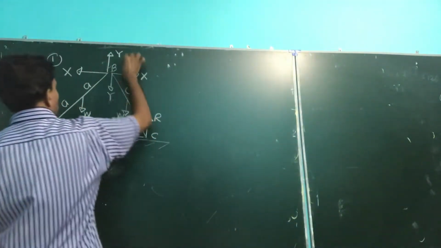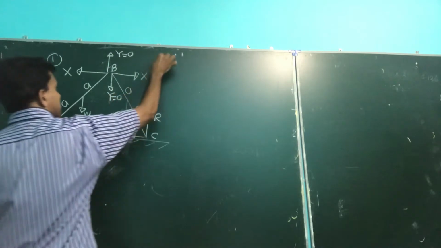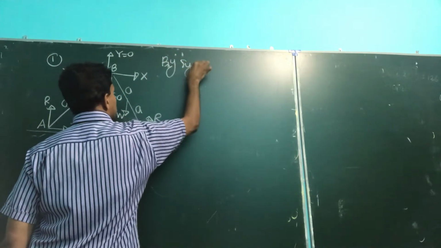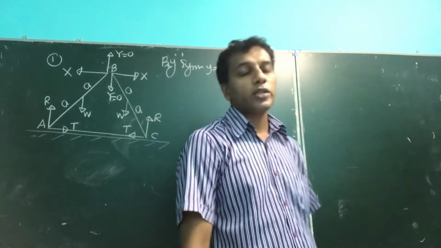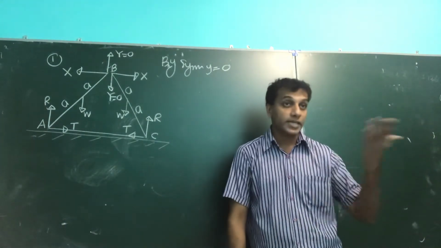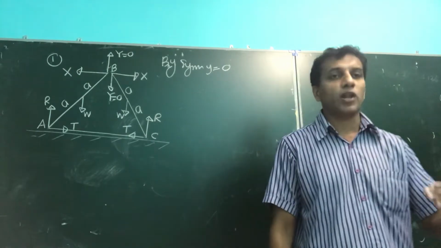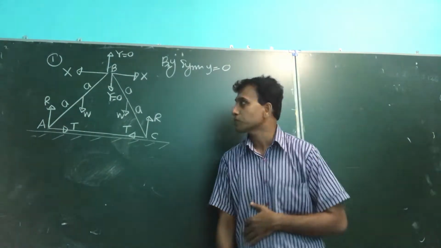So straight away you can say, by symmetry, Y is 0, right? As I showed, I proved it by two methods, using Newton's equilibrium method, and by following the formula, getting the equation of moments, and I also showed that.